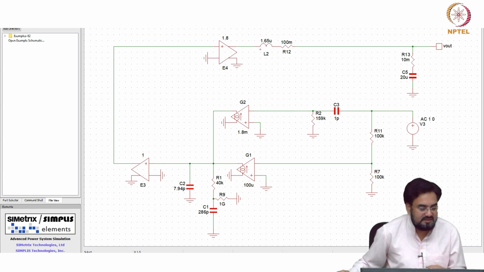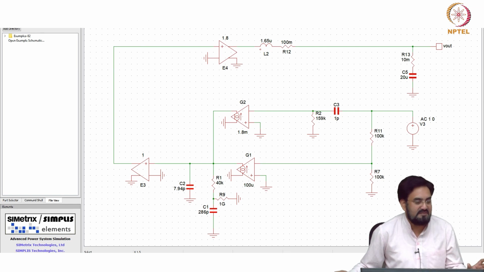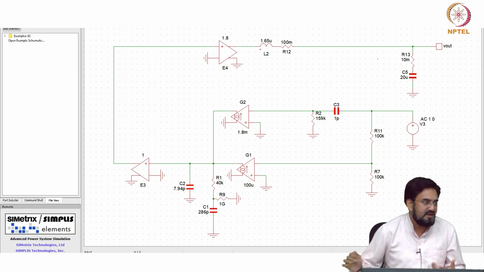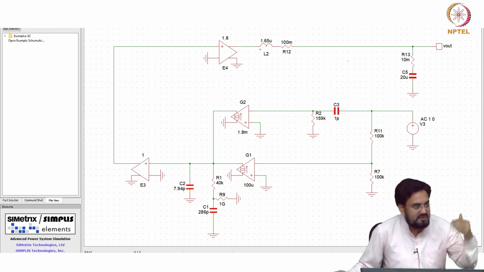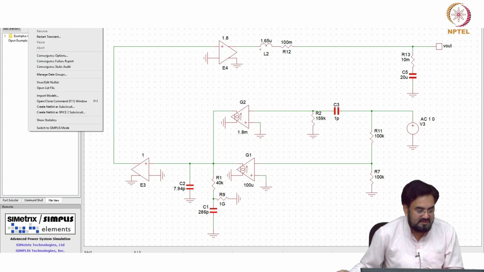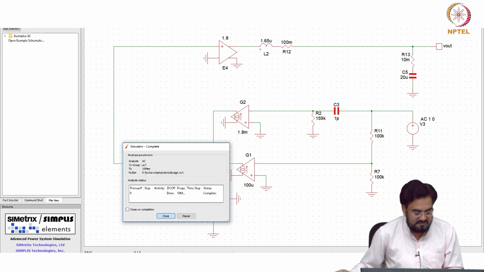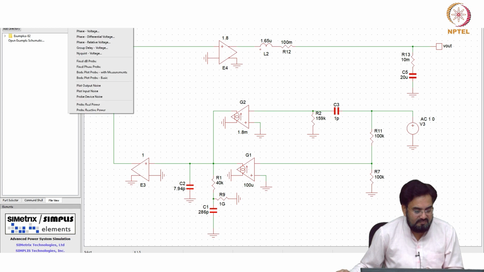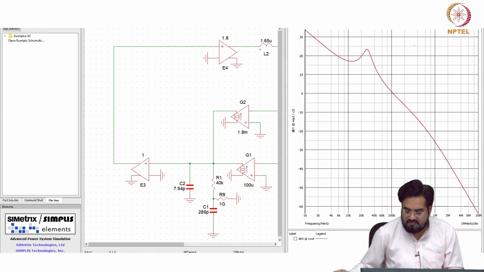So, let us see. The rest of the things should remain the same, and the UGB of this should be around 100 kilo, and you should have a phase margin of maybe more than 70 degrees. The UGB is exactly the same, we are getting 110K.